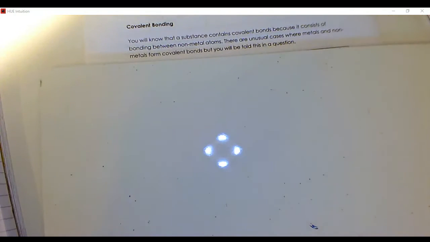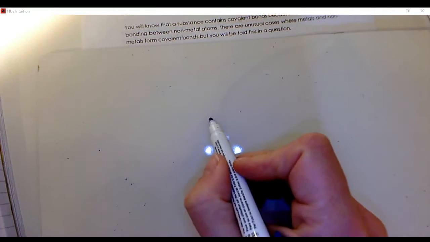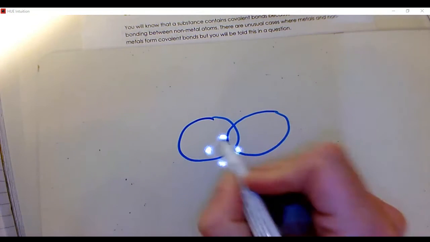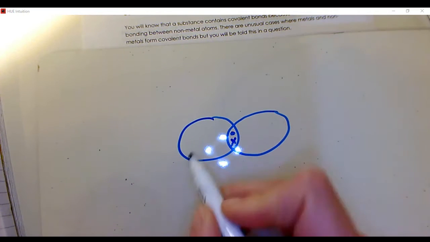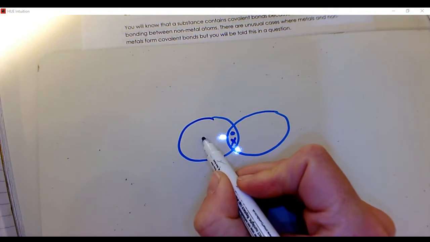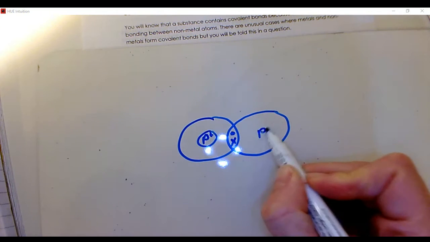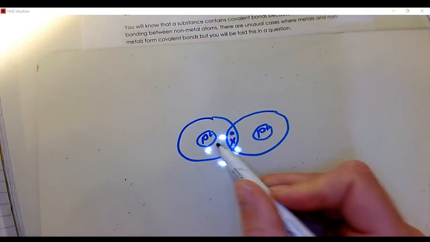Supposing we draw hydrogen, the old GCSE version. If you have a hydrogen molecule, each hydrogen atom has one electron, which goes into the shared pair. You've got a proton in the nucleus here, so each nucleus is positively charged.